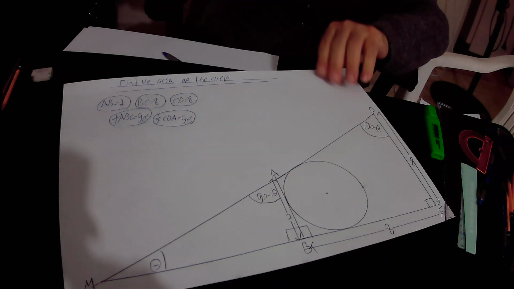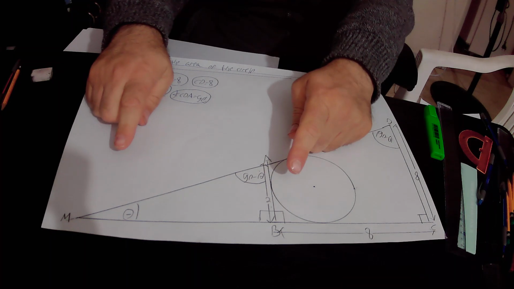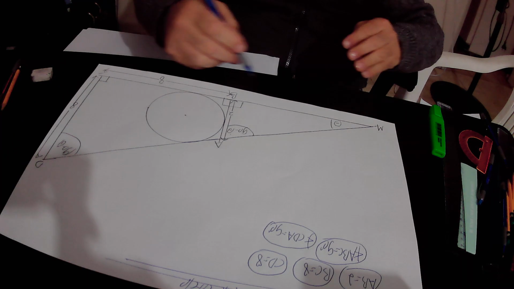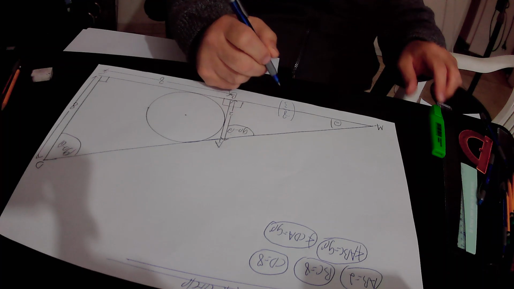So this side BM equals 8 over 3 units in length. I write it down in the drawing itself.